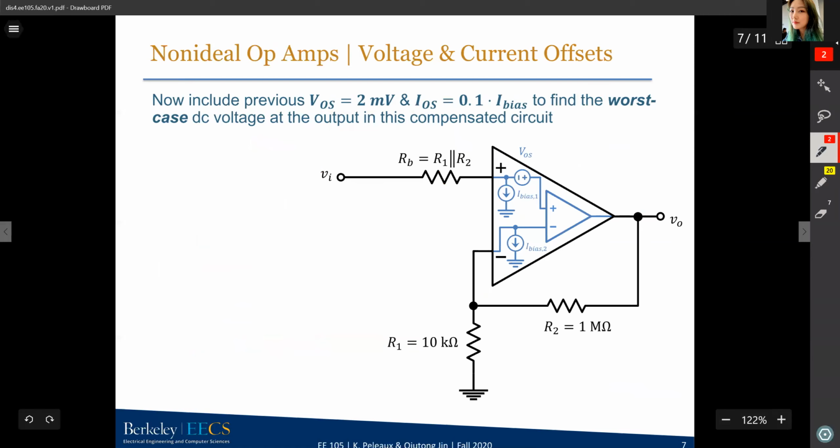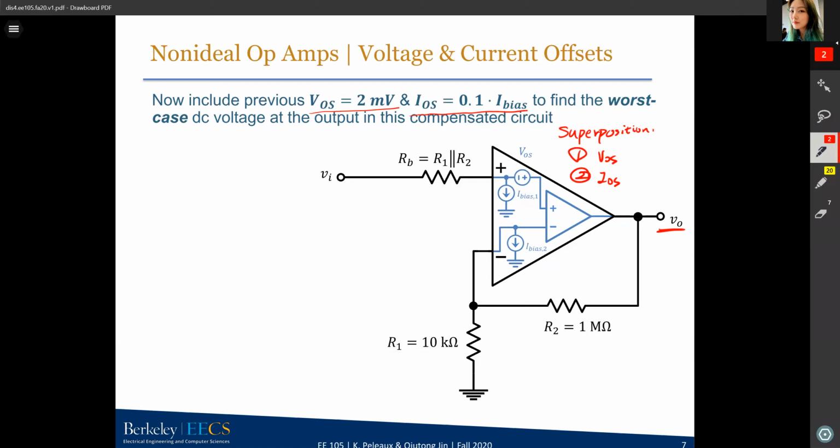Furthermore, if we have both offset current and offset voltage, we want to know what's the DC voltage, what's the final Vout we could get. Same as before, we'll use superposition. We'll consider VOS and IOS one by one. In the first case, we'll just include the VOS in our circuit. And in the second case, we'll just include the IOS.